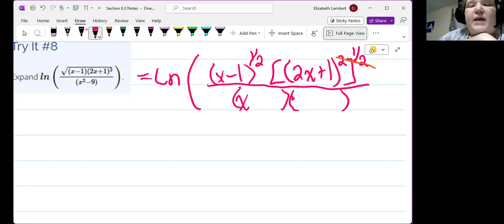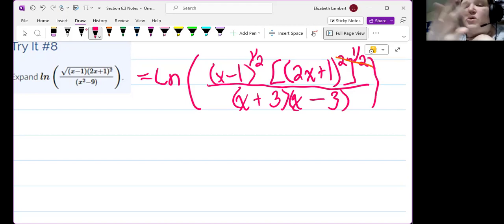So x and x, 3 and 3, 1 must be plus and 1 must be minus. So that is our rewritten log, but we haven't used any log properties. We were just using exponent properties so that now that we use log properties, it won't be so ugly. And yeah.